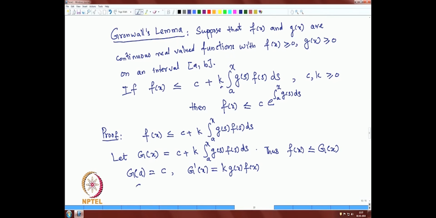So, we get G'(x) equal to k g(x) f(x), and this f(x) is less than or equal to G(x). So, this implies that this is less than or equal to k times g(x) capital G(x).